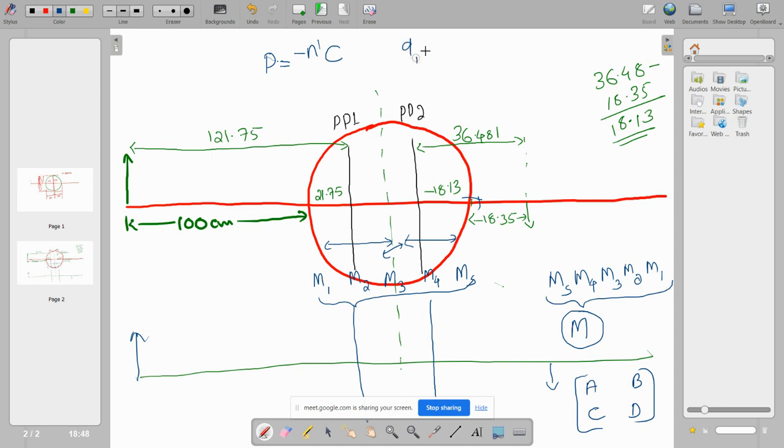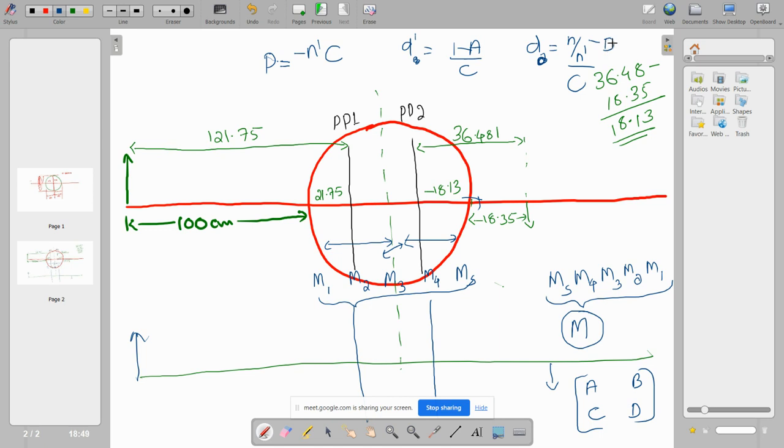Similarly, d prime is 1 minus a by c, and d is n by n prime minus d by c.